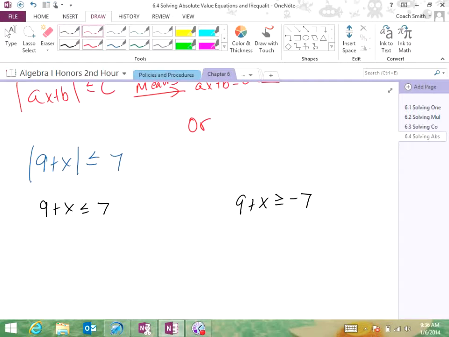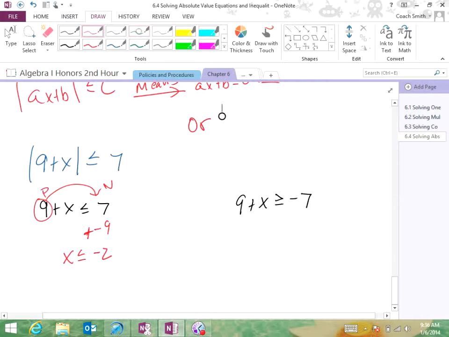It's the same way we solve. Here it's a positive, here it becomes a negative. So that's negative 9 that I'm adding to positive 7. What is 7 plus negative 9? Negative 2. So that is x less than or equal to negative 2.